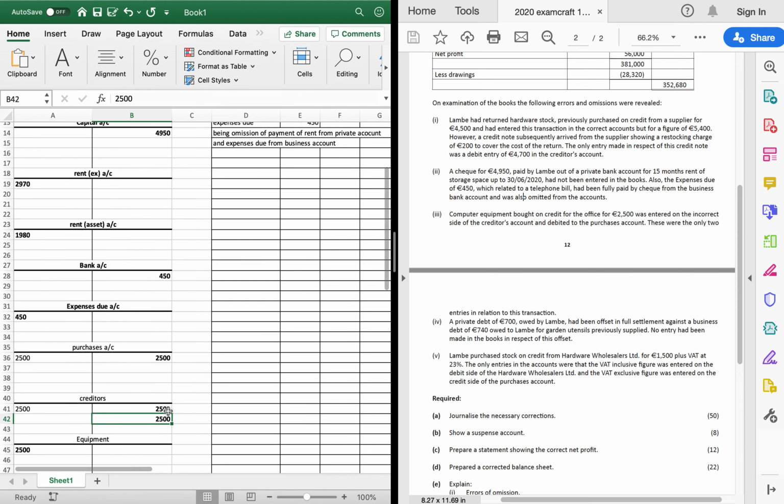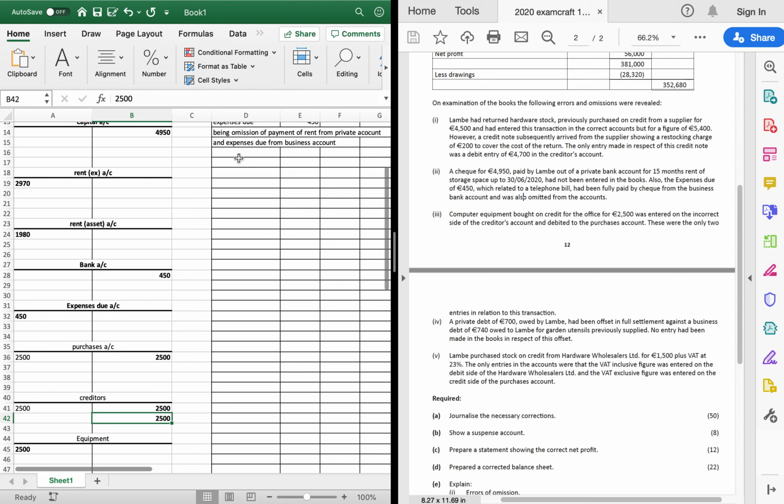So we journalize that. So we've got purchases, only this 2,500, so the stuff we've got involved. We never have to put in the journal what they've done. We've got equipment, we've got creditors 5,000 on the credit side, and then we've got equipment of 2,500 on the debit side.